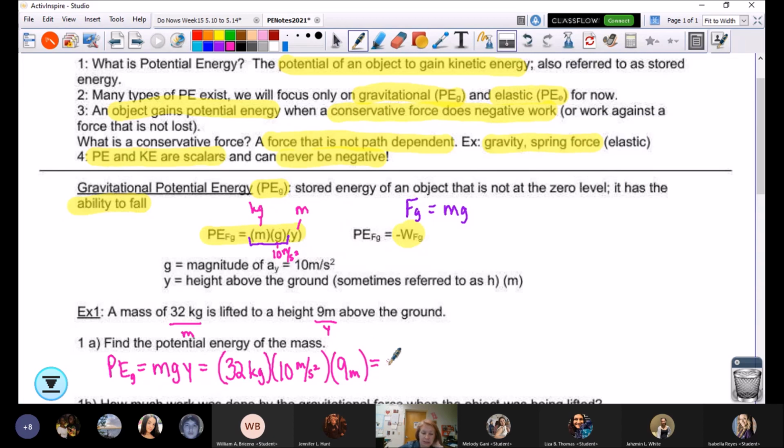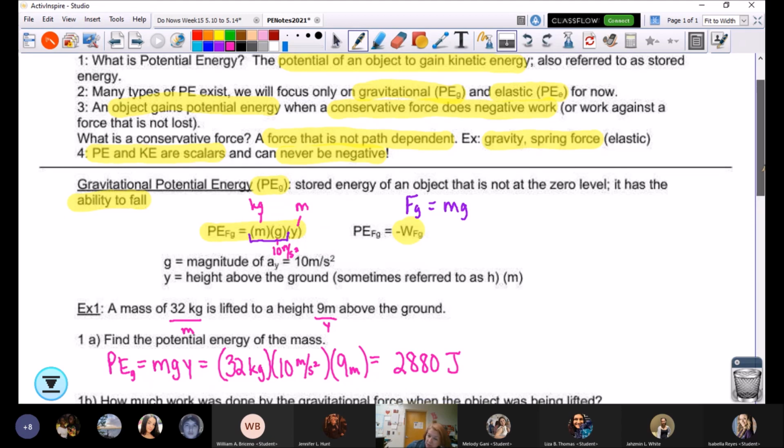Pretty easy. The math in this is super easy. It's the conceptual stuff that sometimes can get a little bit tricky if you're not paying attention. So we have 2,880 joules of potential energy.